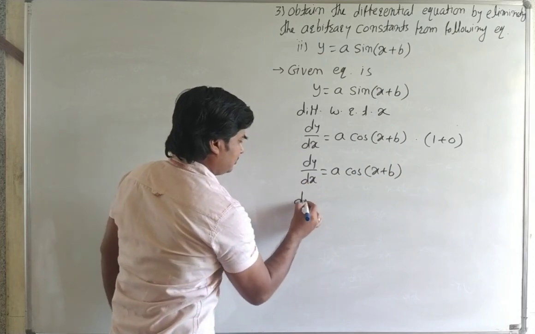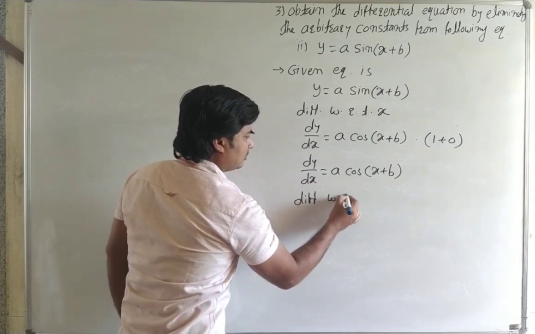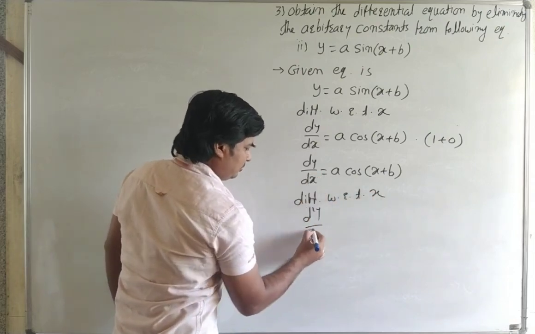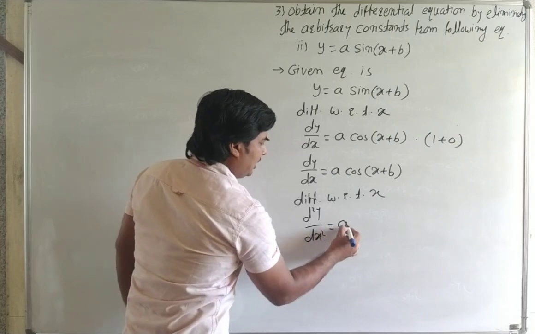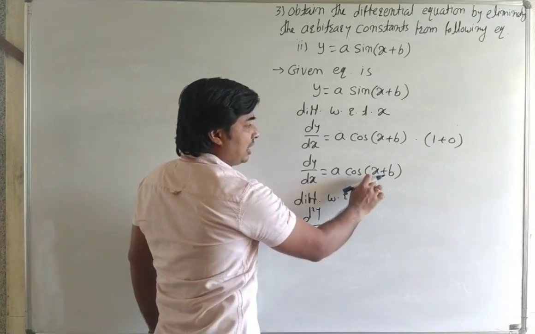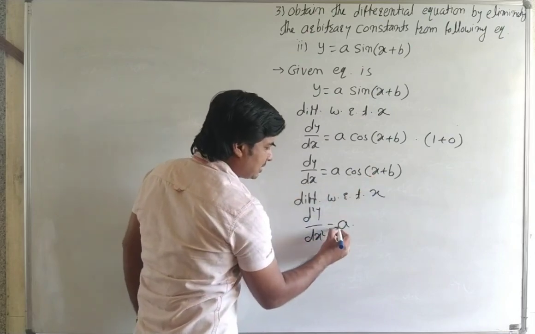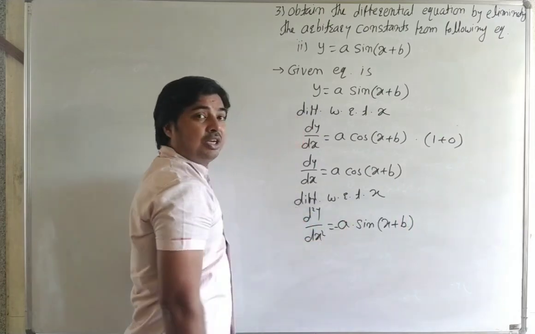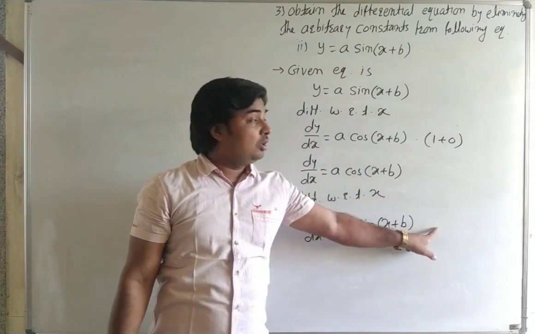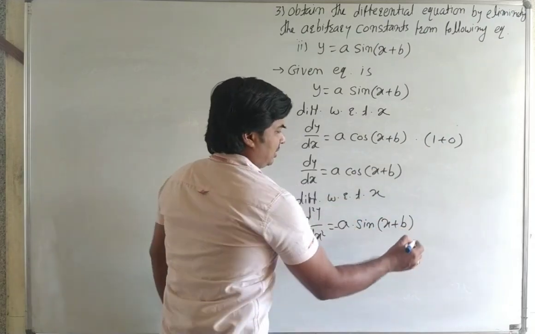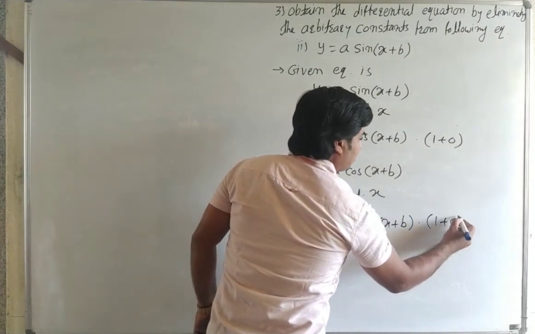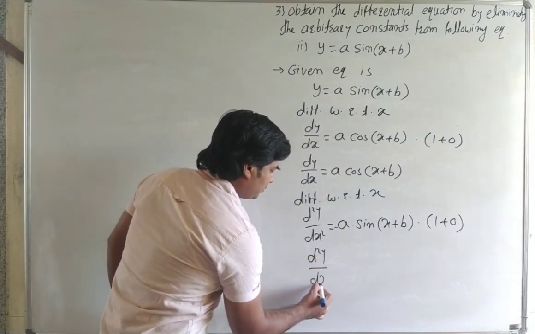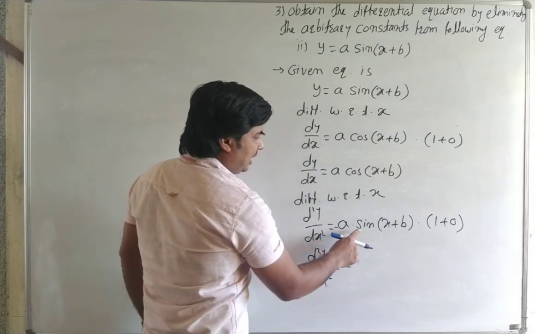Again differentiate. Derivative of dy by dx is d2y by dx2, is equal to a into derivative of cos x plus b, that is a minus sine of x plus b, and into derivative of x plus b, it is 1 plus 0, that means 1. Then d2y by dx2 is equal to minus a sine x plus b.